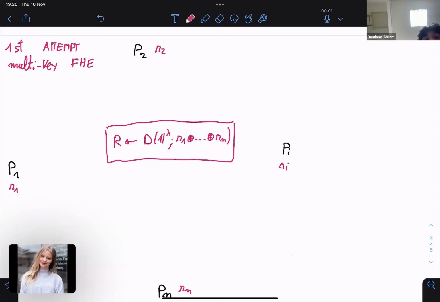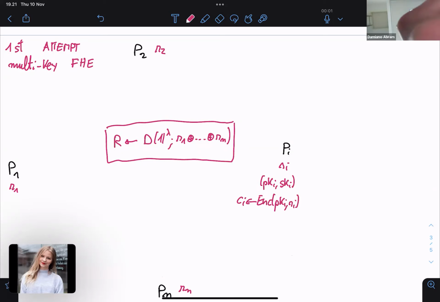Each party Pi in the construction generates a fresh multi-key FHE key pair, PKi, SKi, and then it encrypts its random string Ri under PKi. So here we have Ci, the encryption under PKi of Ri.